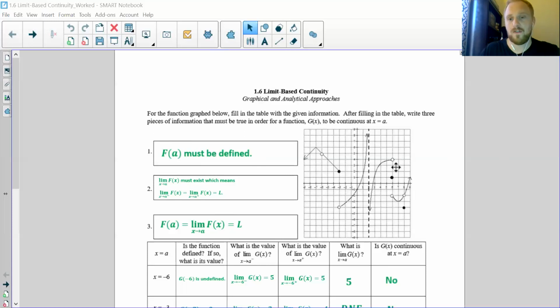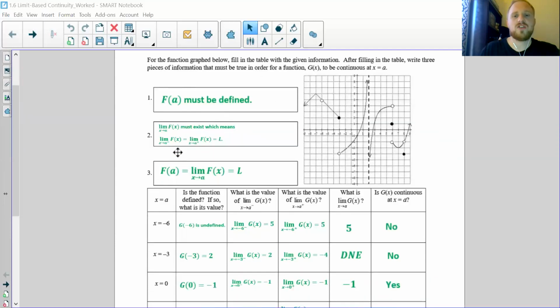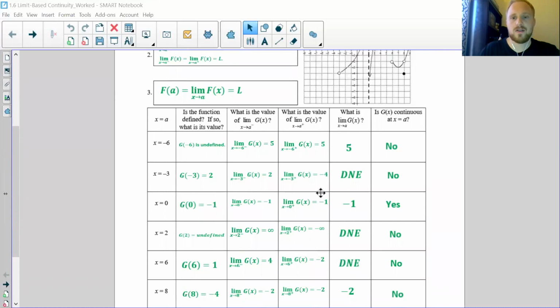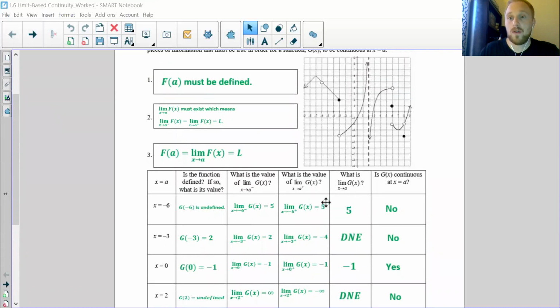For instance, at x equaling 8, the limit is defined from the left and the right, it's -2, but f of 8 is -4. That means it's not continuous because there's a hole there.